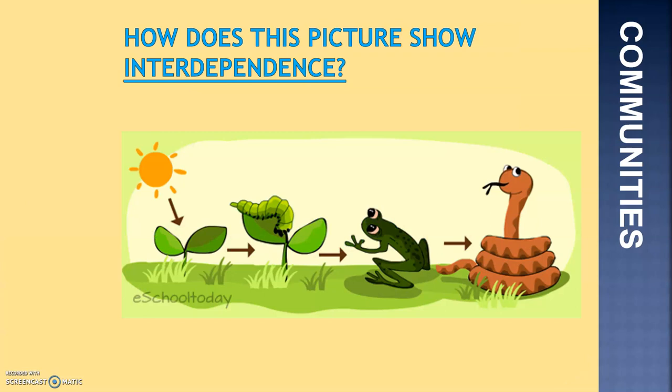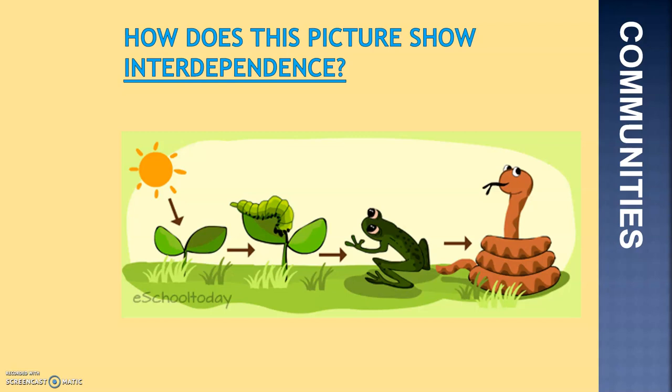Good. Now, the question is, how do you think this picture shows interdependence? I want you to think for a few seconds, 5 seconds. How do they relate? Have you done that? Brilliant.